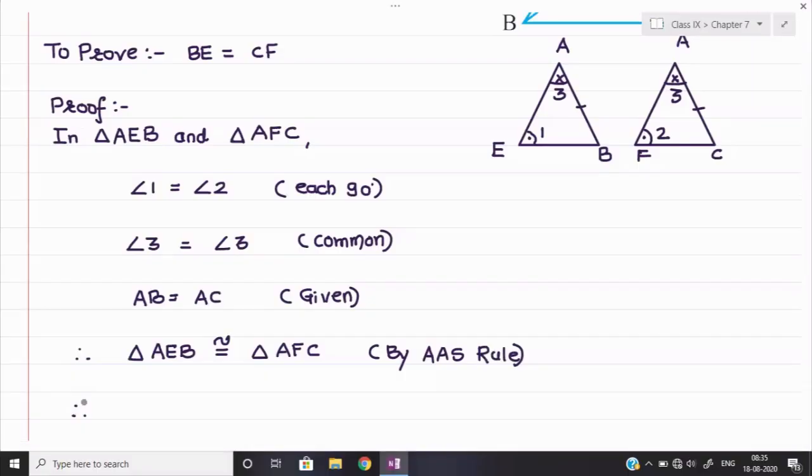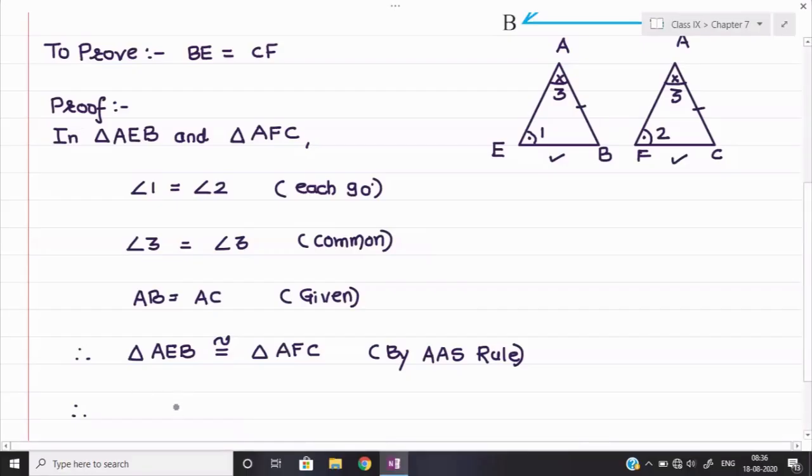remaining corresponding parts, observe here, one of the remaining corresponding parts is BE and CF. So BE and CF will also be equal. However, AE and AF are also equal, and some angles whichever are remaining will also be equal. But we are interested to find out only whether BE and CF are equal or not.